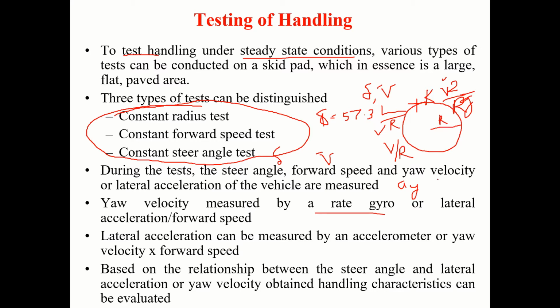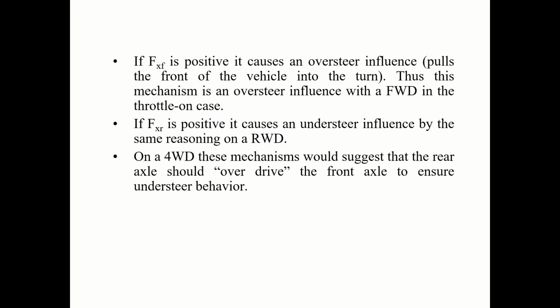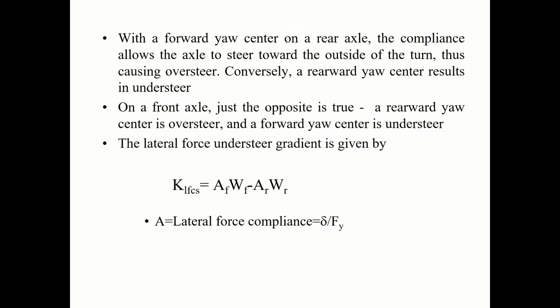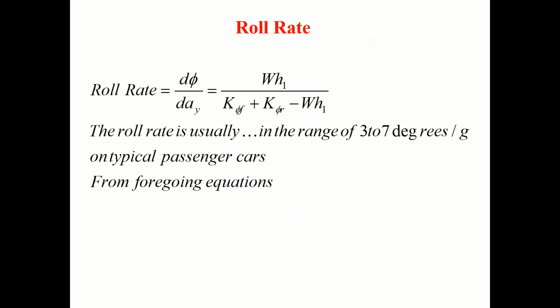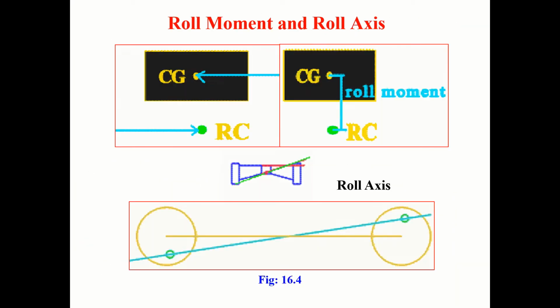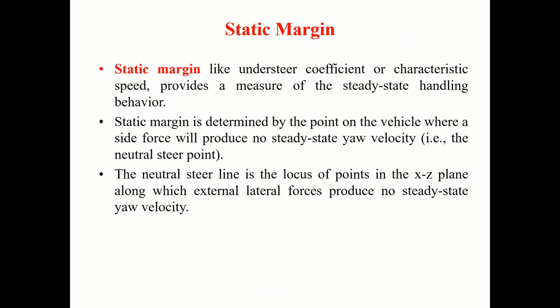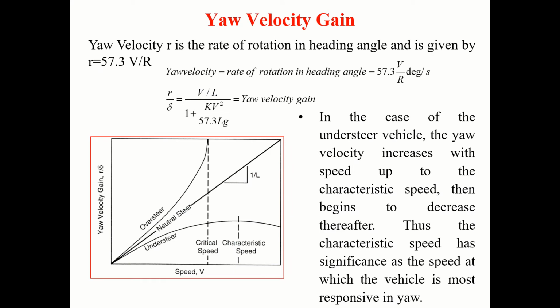Not V by R. I think I have defined here yaw velocity. What is the definition of yaw velocity? R is equal to 57.3 V by R.